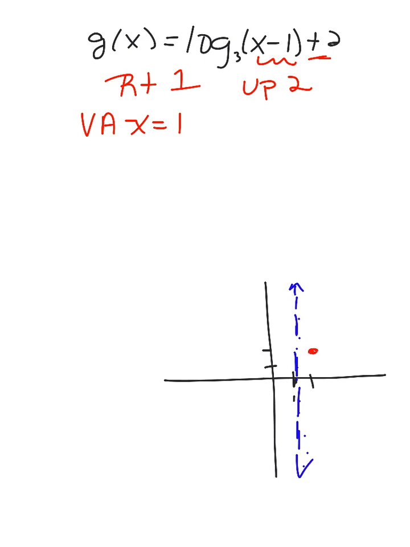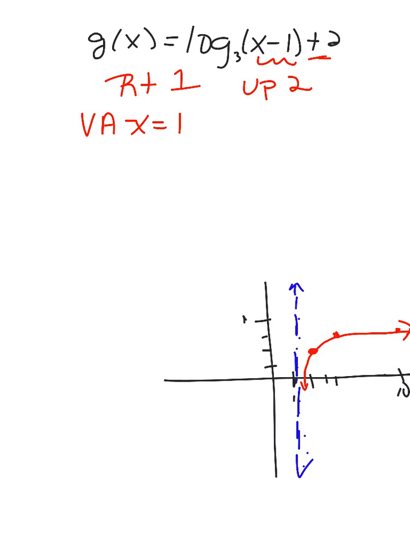And I have 4, 3. And I have 10, 4. So it looks like that. So remember, your log should not be hitting your asymptote.